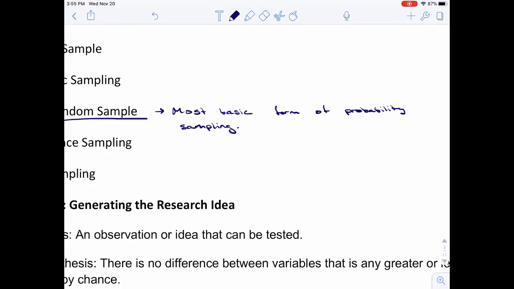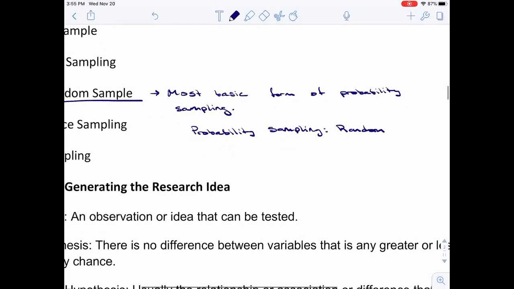Probability sampling is just if it was randomly selected. I'll just say it's random.